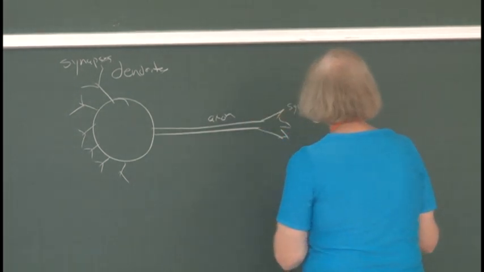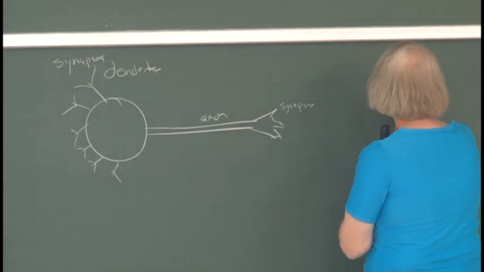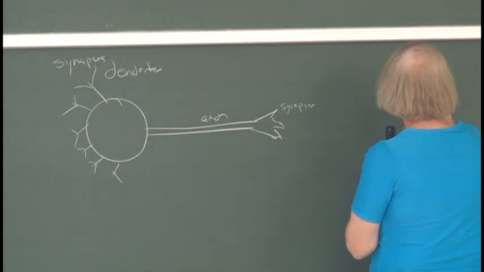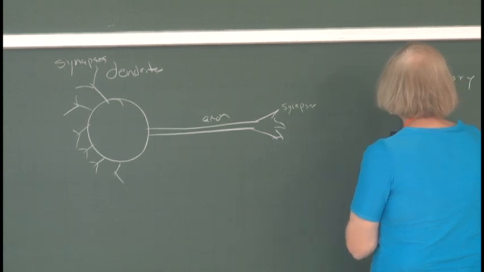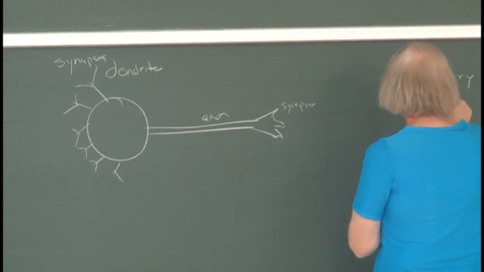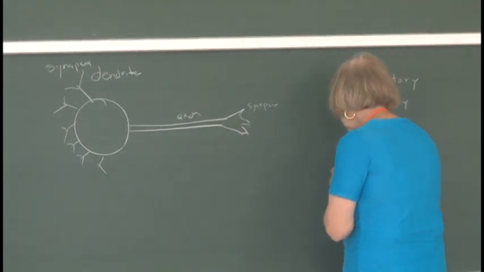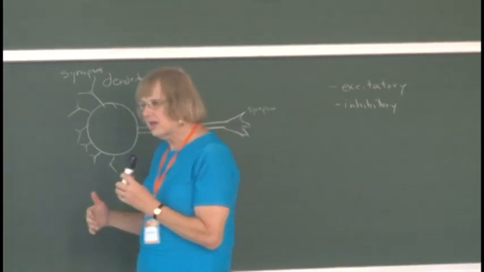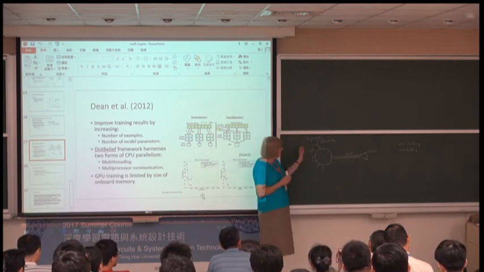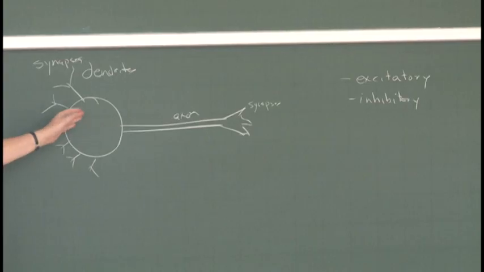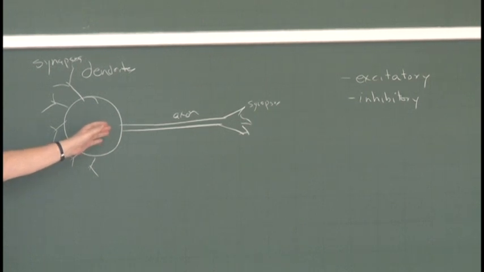And we can have two types of connections. Exciting or inhibiting. Okay? So when one neuron fires, its connection encourages the next neuron to fire.